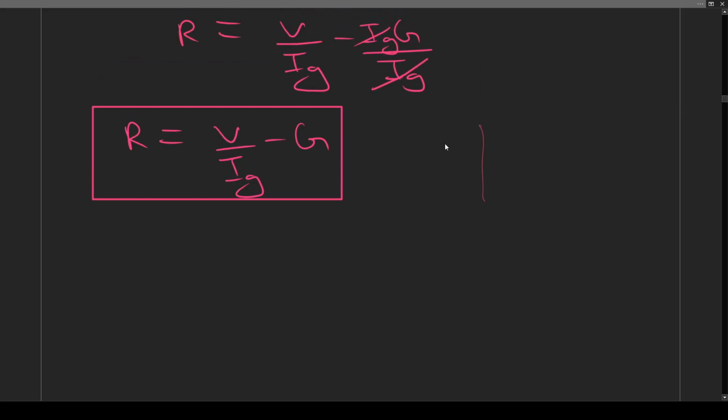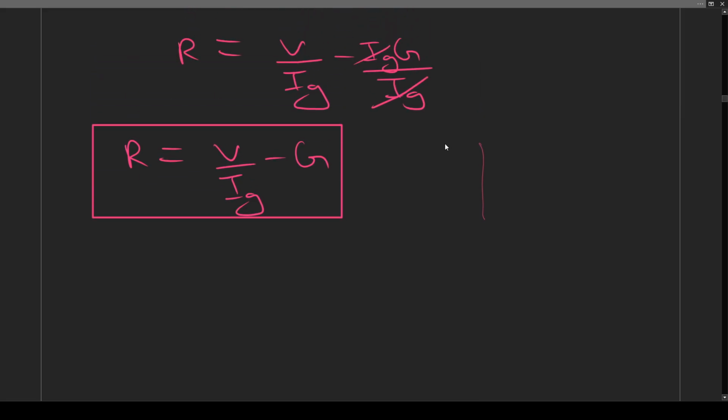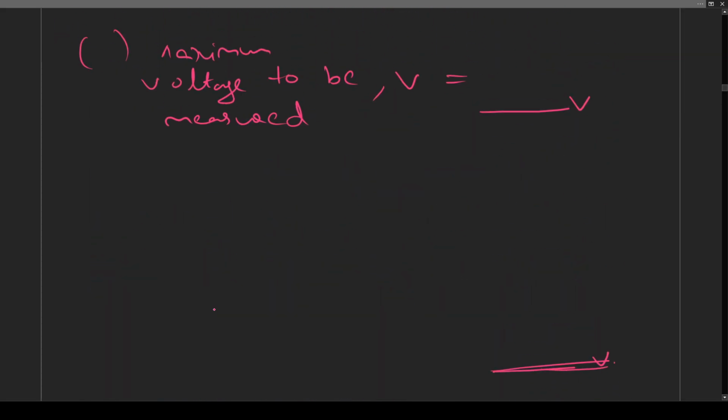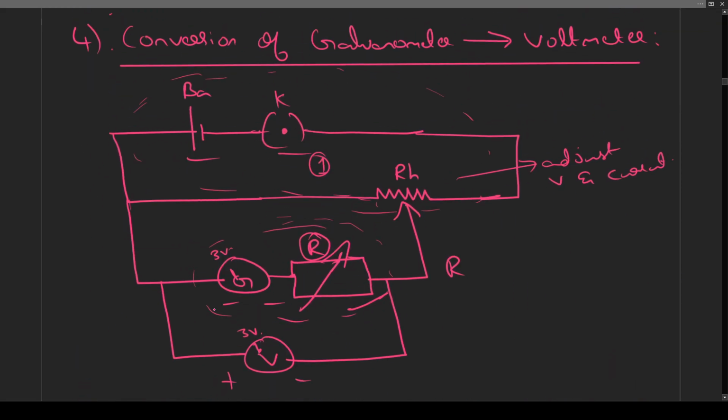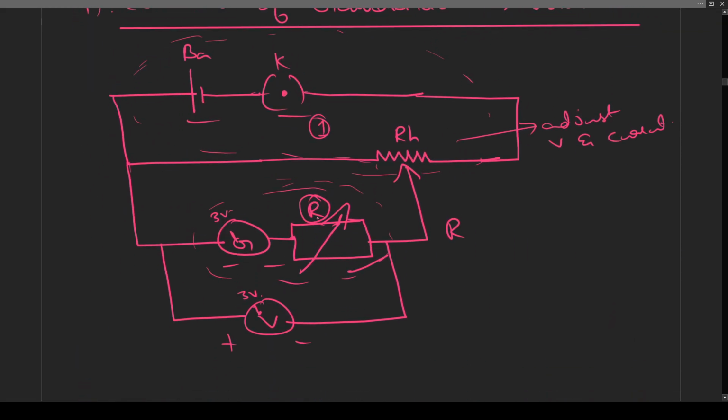Now there is not much procedure here, we just take different values. After connection, we just check, the circuit diagram is this, right? After we calculate the R value, which is the main calculation we need to do, and remove the same amount of resistance from the resistance box, we should find different values of RH. We should adjust the voltage and current.